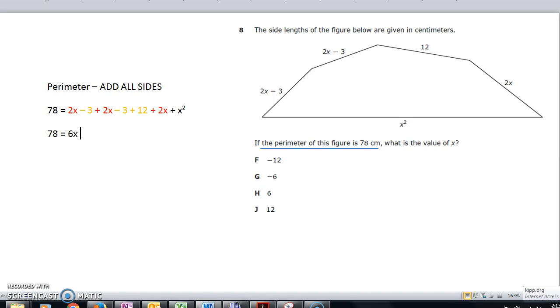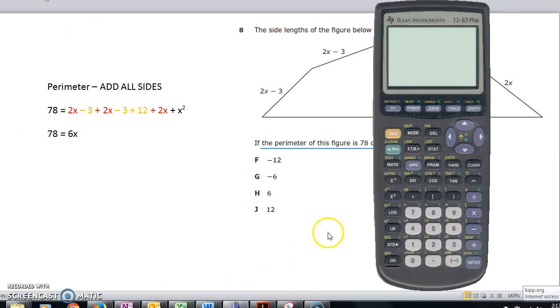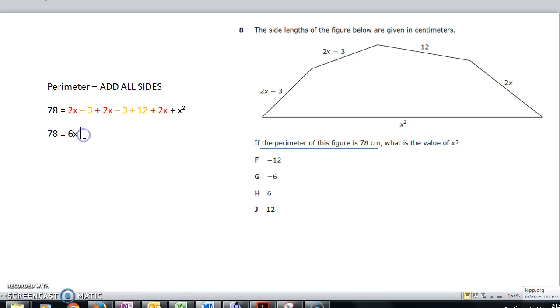So minus 3 minus 3 plus 12, I get a positive 6. And then the last term is positive x squared, so bring down the positive x squared.